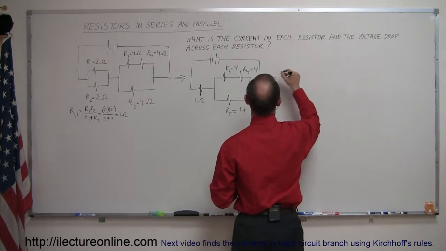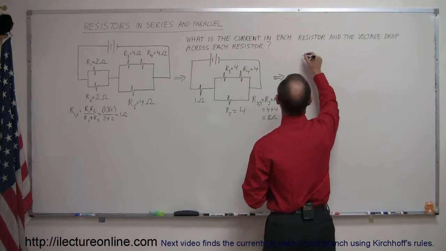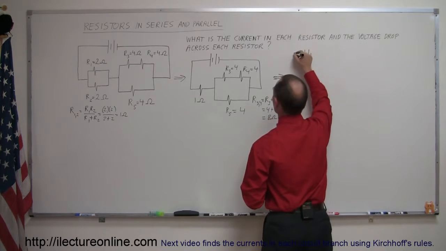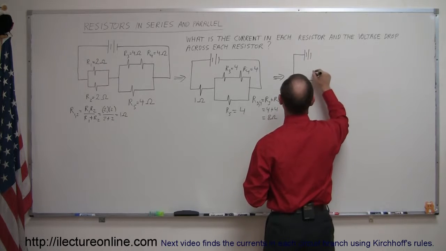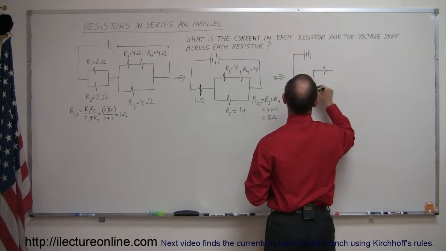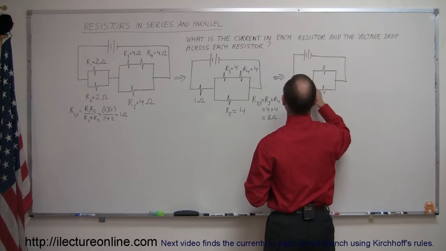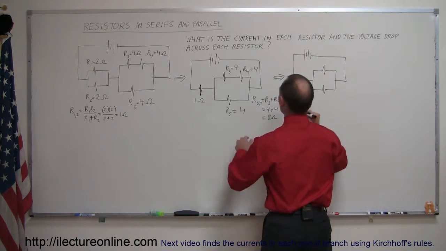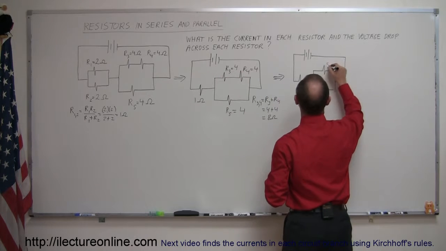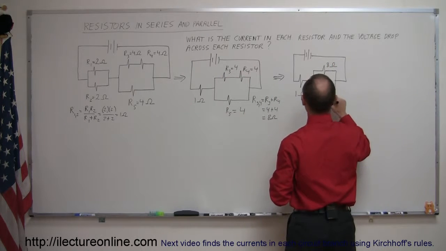So the new circuit is, okay, here's the 1 ohm resistor. Now these two combined become an 8 ohm resistor, and this is still a 4 ohm resistor.